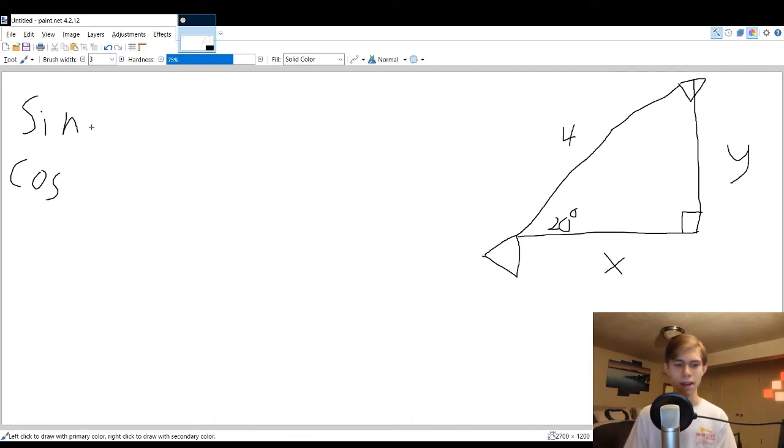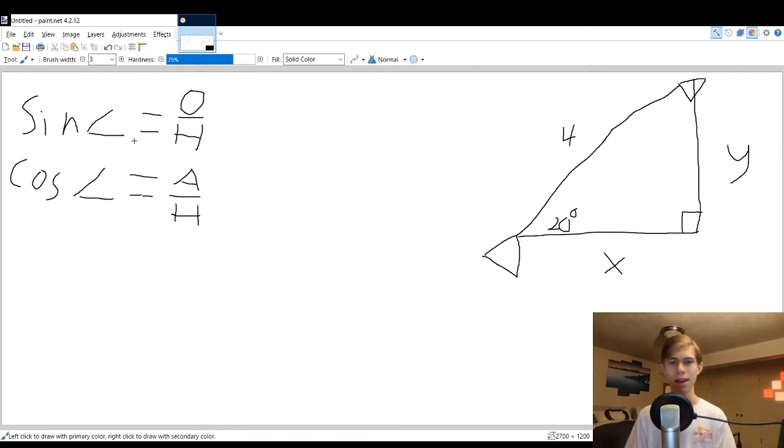So the sine of an angle, so this is just representing an angle, is the opposite side over the hypotenuse. And the cosine of an angle is the adjacent side over the hypotenuse. So it's the ratio of the adjacent side to the hypotenuse. So when you take the sine or cosine of an angle, it's going to give you a ratio that corresponds to the sides of that triangle. And I'll show you what that means.